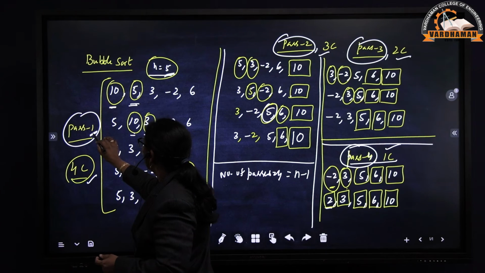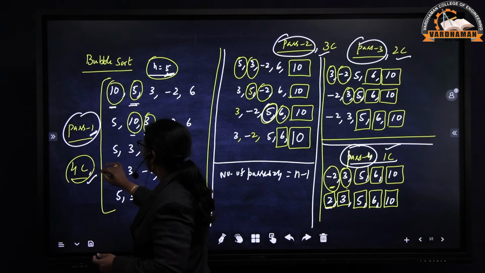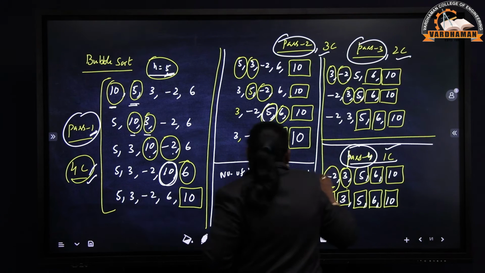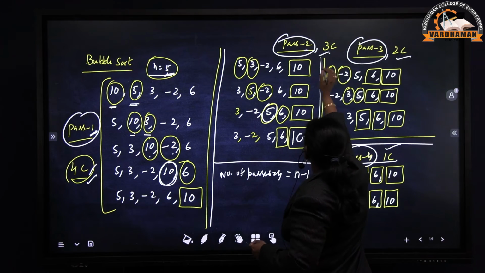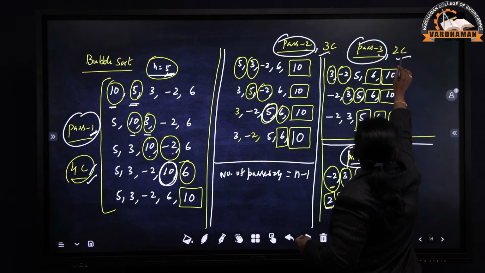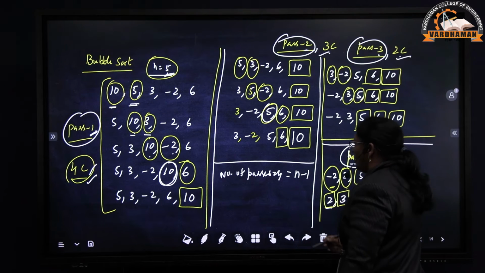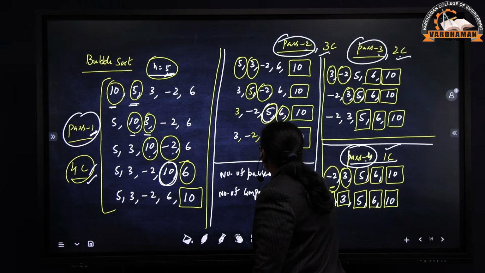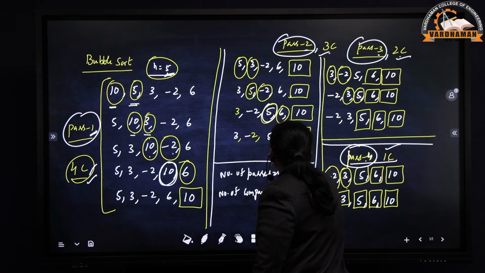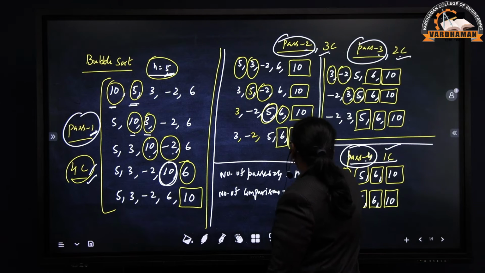What is the pass number? 1. So 5 minus 1 equals 4. Here n is 5, 5 minus 2 is 3, 5 minus 3 is 2, 5 minus 4 is 1. So that means the number of comparisons equals n minus p.